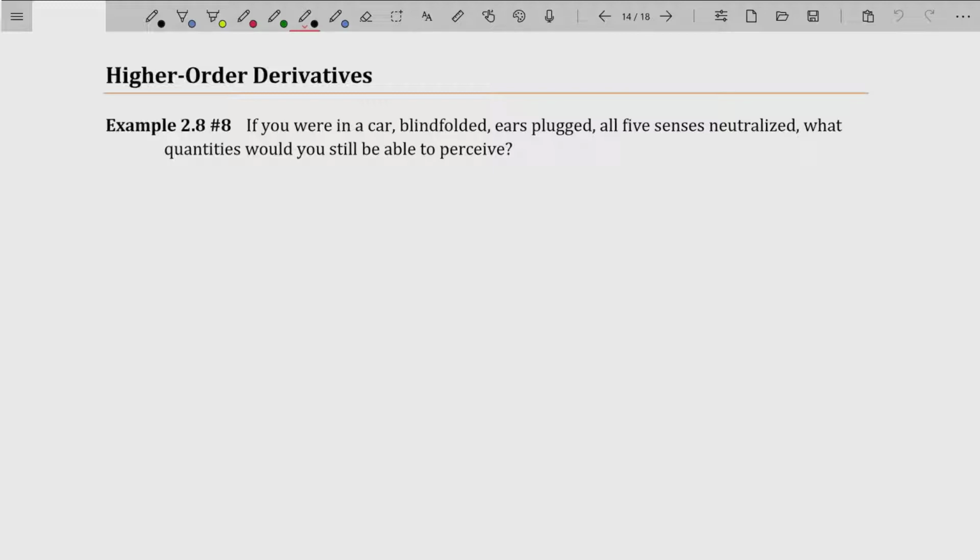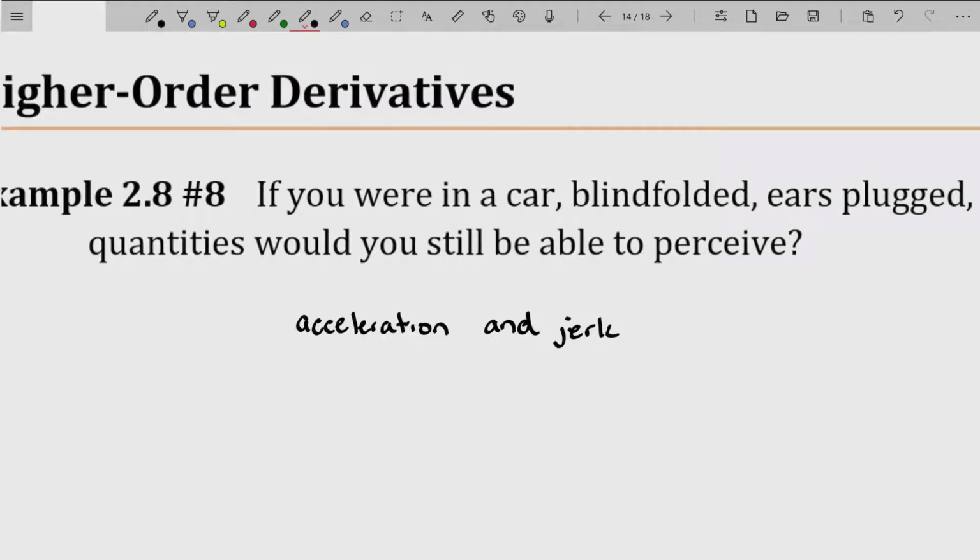Another thing that we feel is what we call the jerk. So two things we feel: acceleration and jerk. The jerk is to acceleration what acceleration is to velocity. So it's a change in acceleration. Acceleration is a change in velocity, change in speed, if you will.